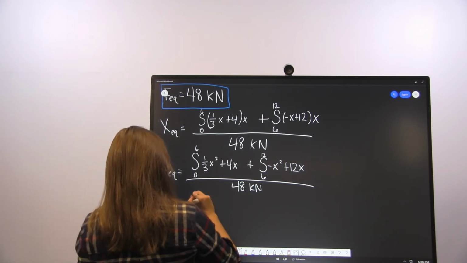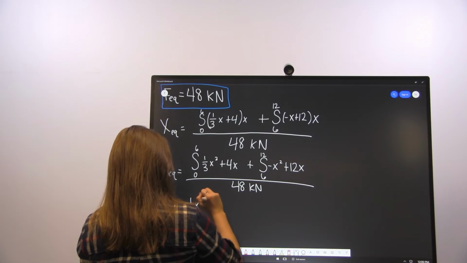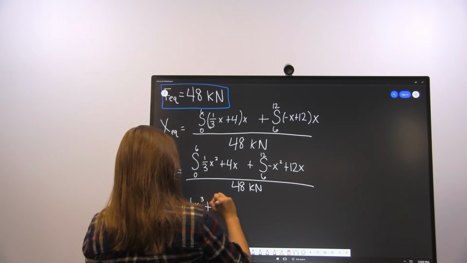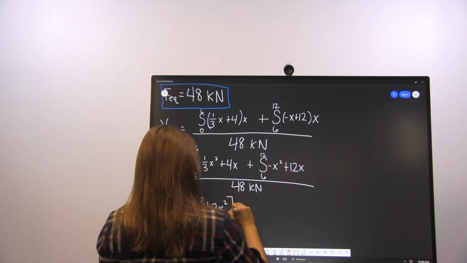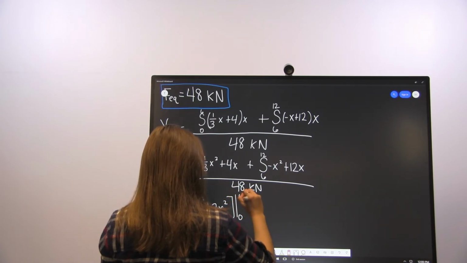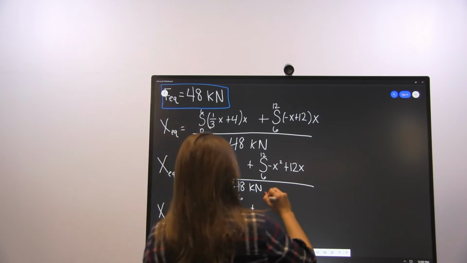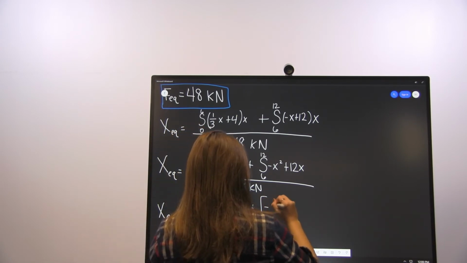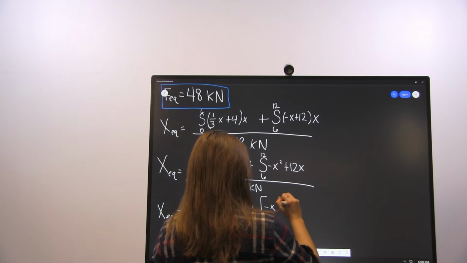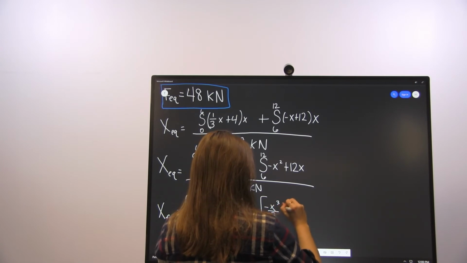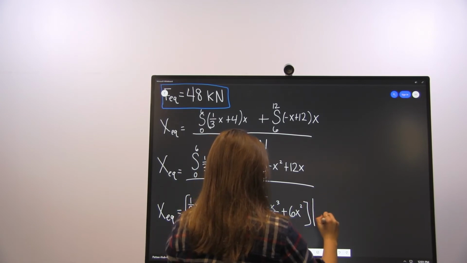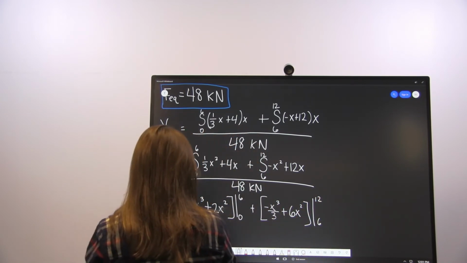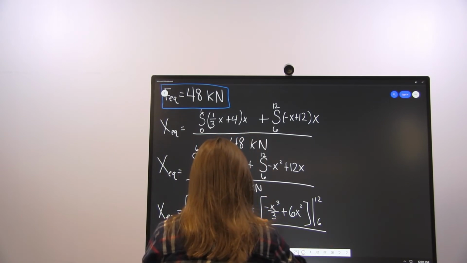So you're going to get 1/9 x cubed plus 2x squared from 0 to 6, plus negative x cubed divided by 3 plus 6x squared, and that's from 6 to 12, and that is divided by 48 kilonewtons.